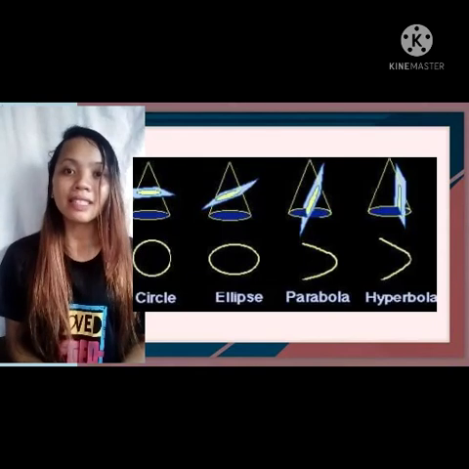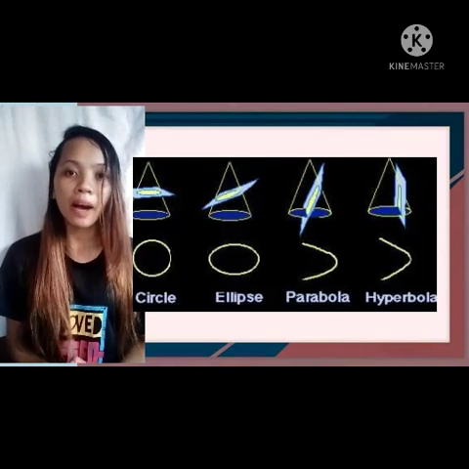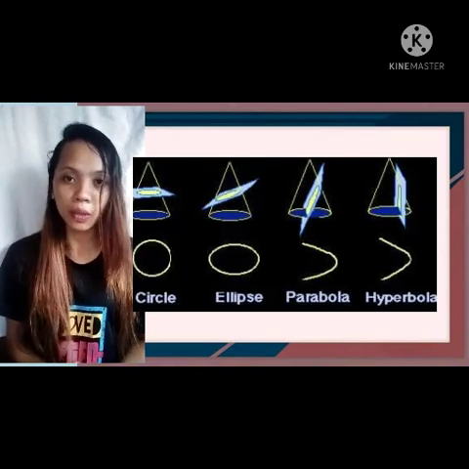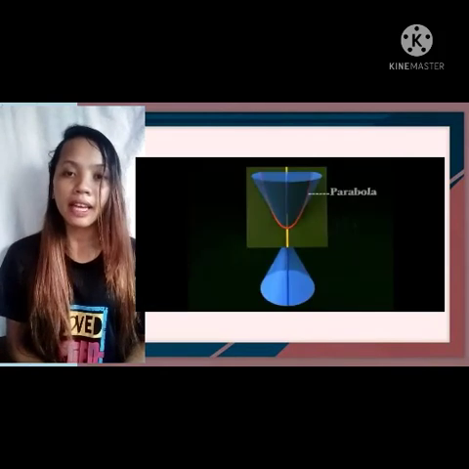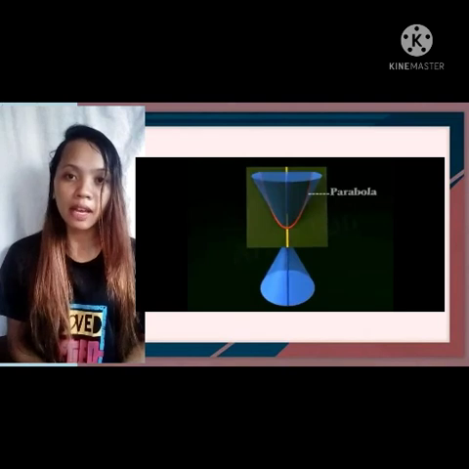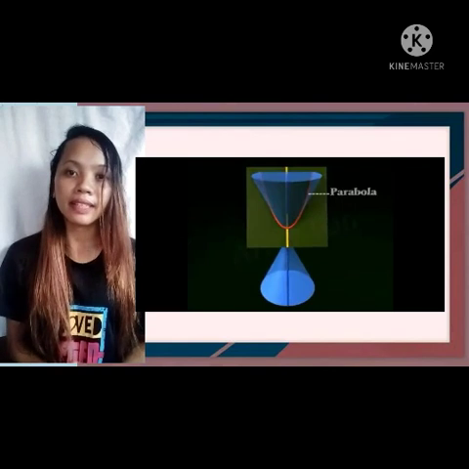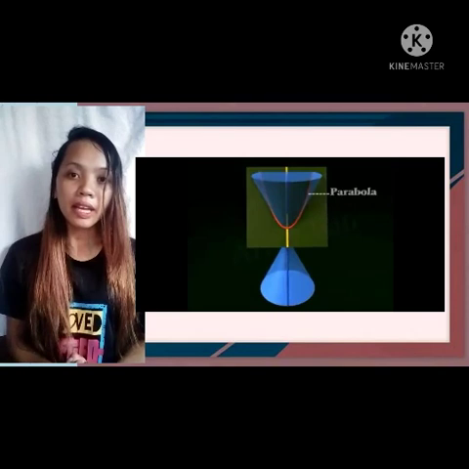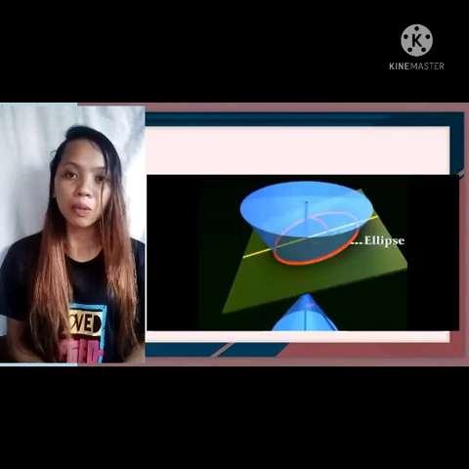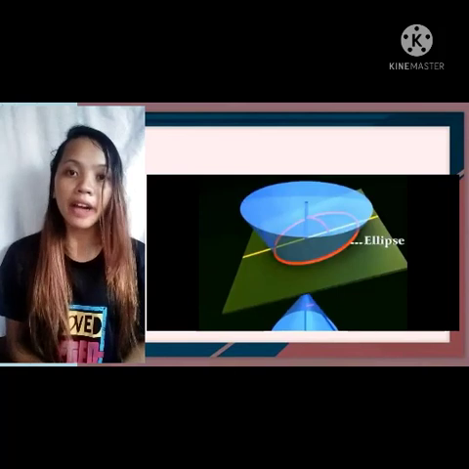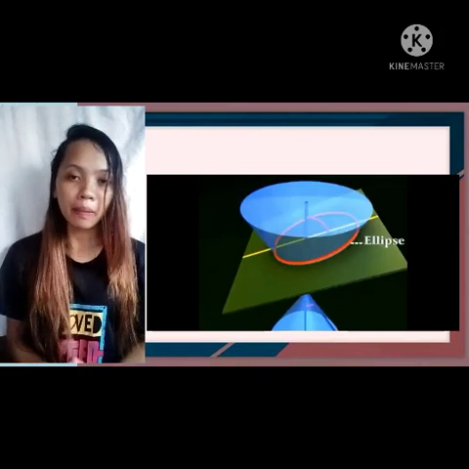So let us now try to apply what we have learned in the guide questions. Again, in a parabola only one variable is being squared. For the circle, both variables are being squared, and it is multiplied by the same number. For the ellipse, both variables are being squared, but they are not multiplied by the same number.